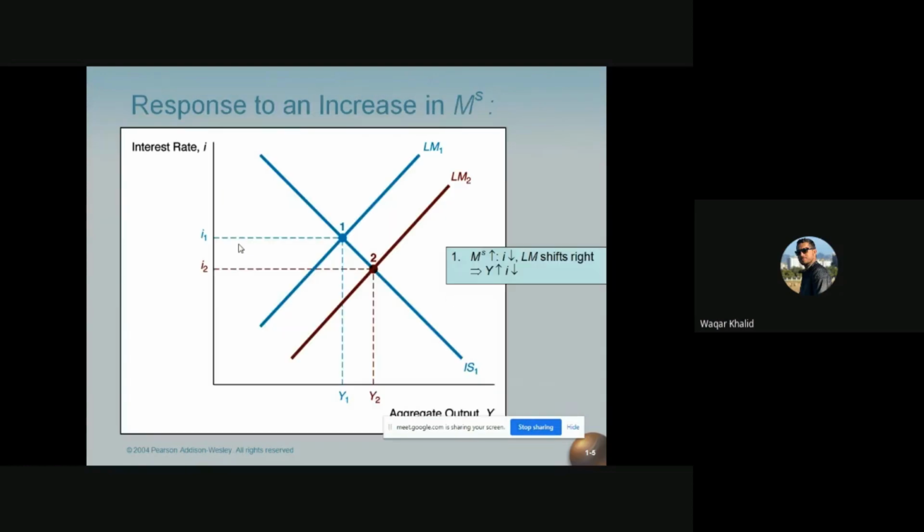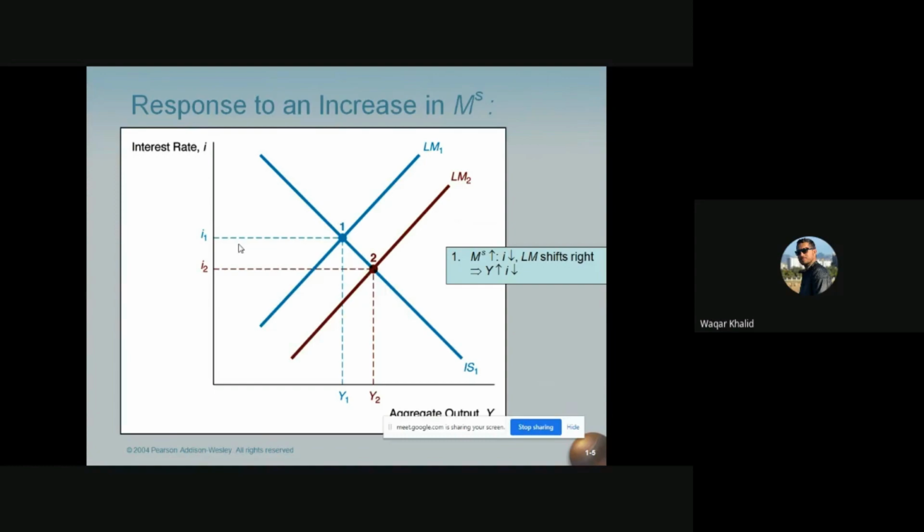Now we are going to talk about the changes in the equilibrium level of the interest rate and aggregate output in response to a change in monetary policy. Actually, when we are talking about changes in monetary policy, it means we are talking about changes in the money supply, or changes in money demand.